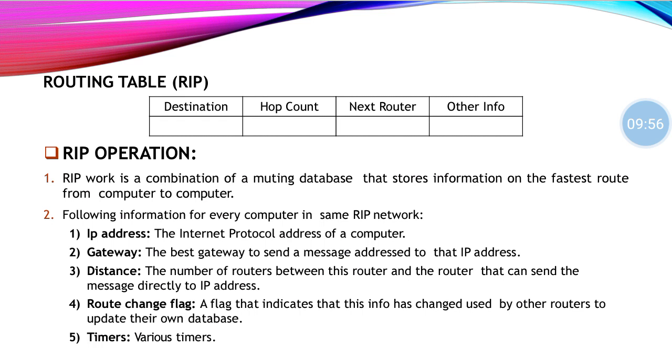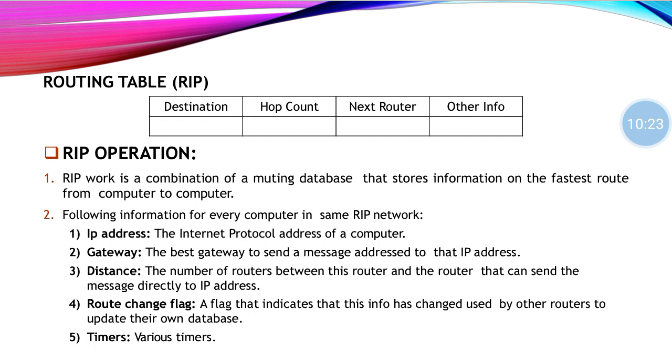A gateway is used in RIP operation. Now what is a gateway? There is a difference between a router and a gateway. A router is used to connect two dissimilar networks, but those networks have the same protocol. That is the disadvantage of a router: in case one network has one protocol and the other network has another protocol, then a router cannot be used.